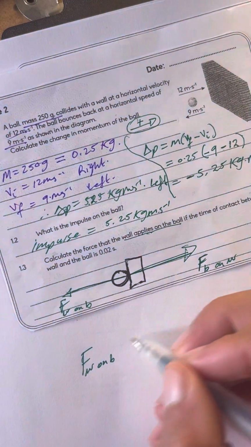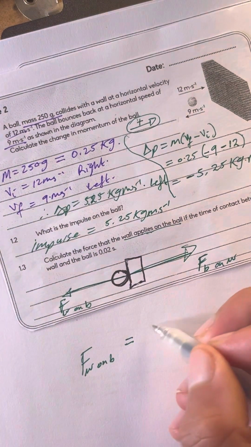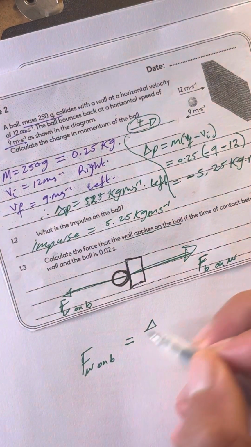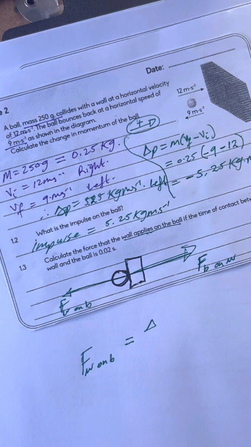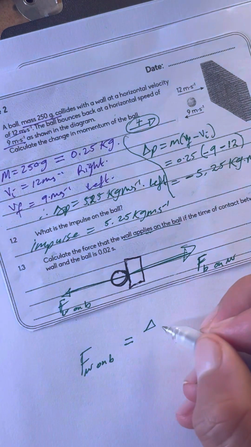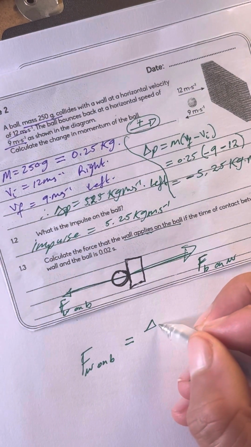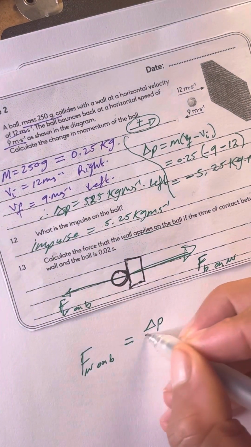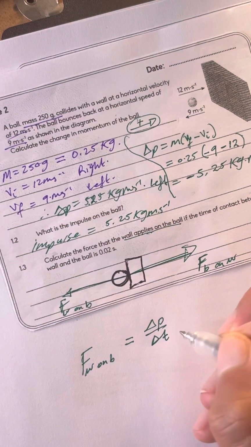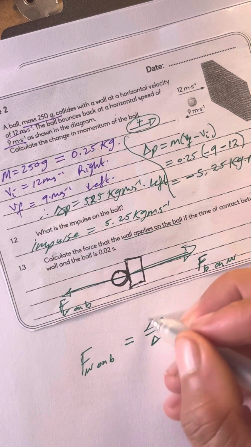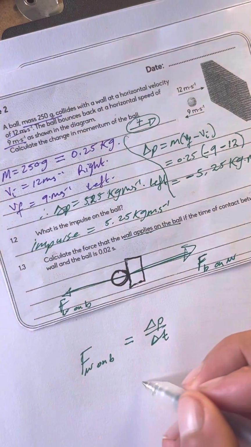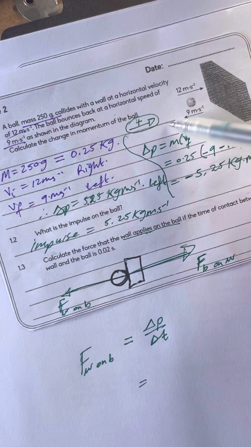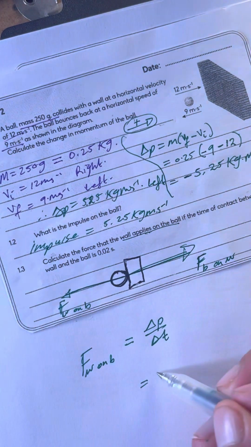This is the only force acting on the ball, there's no other force. We're ignoring the weight of the ball. So the force is the change in momentum divided by the change in time. We already have the change in momentum vector. Remember, it should be in the direction of the force. This is to the left and we are taking right as positive, so this will be negative.